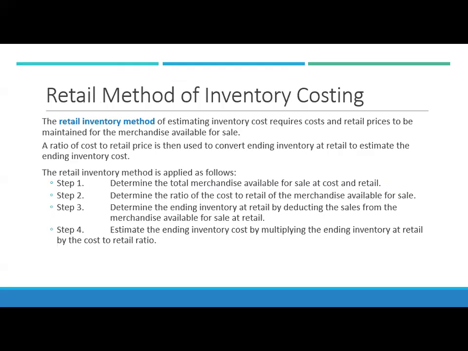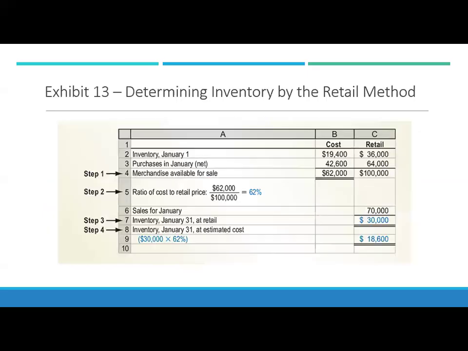It's much less scientific than the perpetual or periodic methods we were doing before. So for the retail method, what we do is we determine the total merchandise available for sale at cost and at retail.